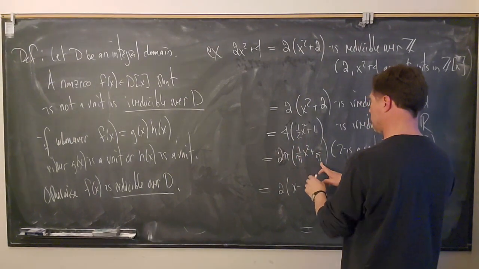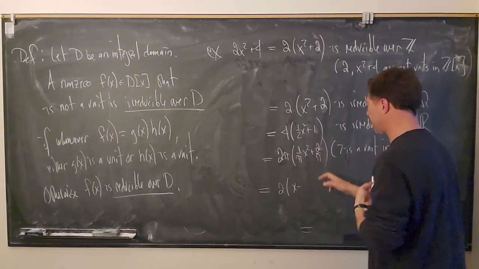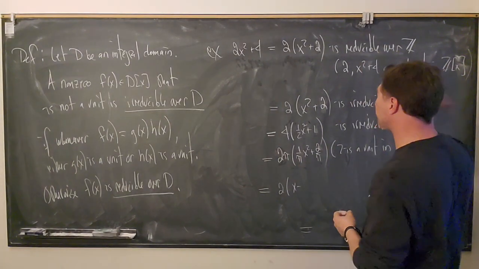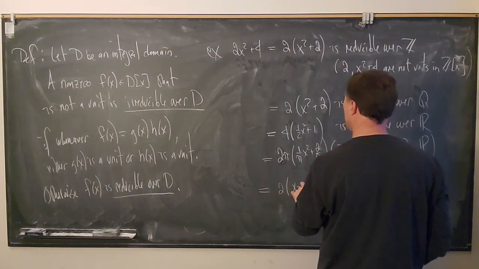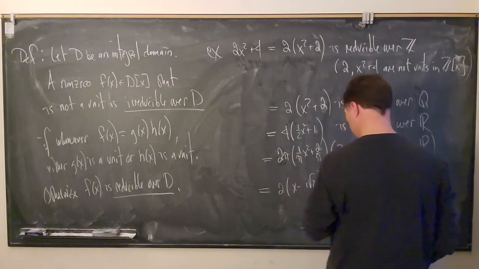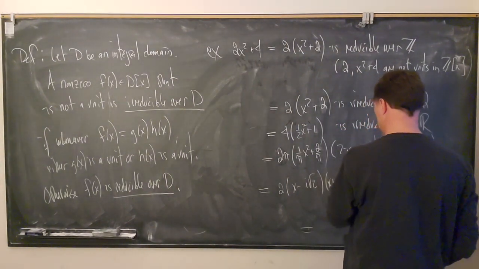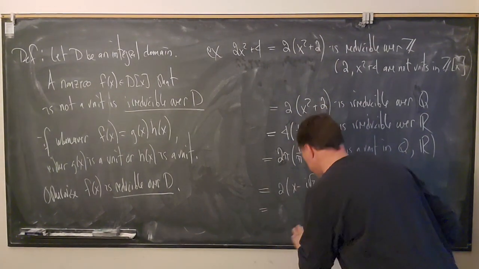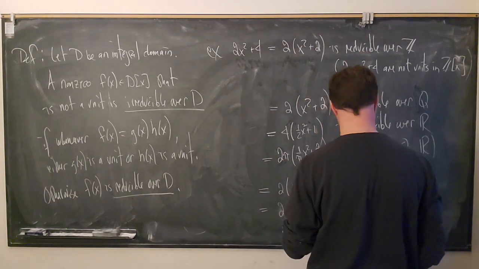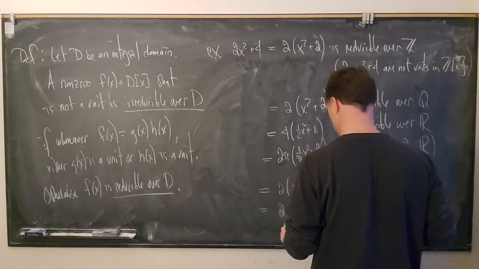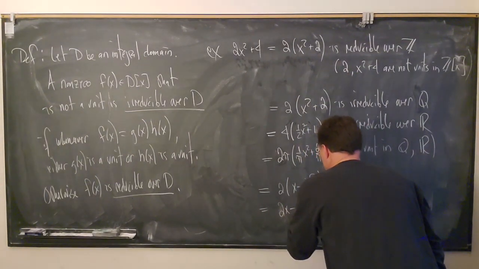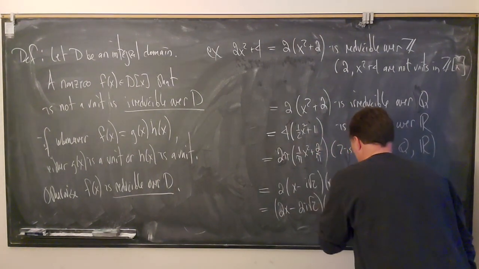Yeah, and then this should be what, 2 over pi. Did I get this right? 2x plus 4, 2, 4. Yeah, sorry. X minus i root 2 times x plus i root 2, which would be in final form, let me put this as 2 separate polynomials, 2x minus 2i root 2 times x plus i root 2.